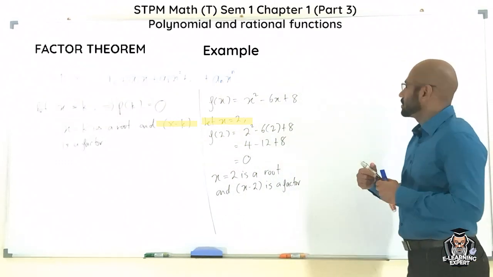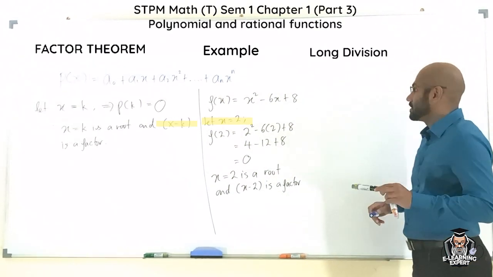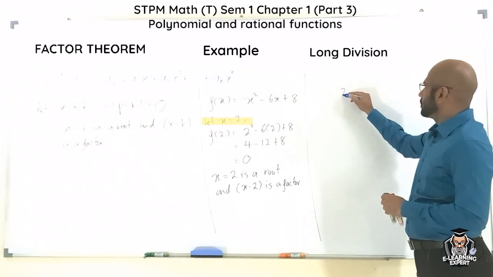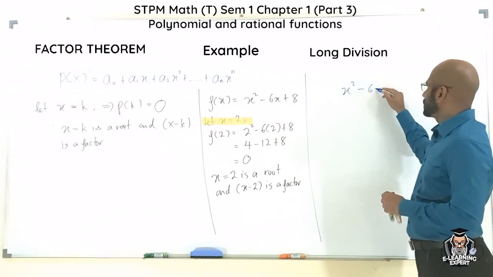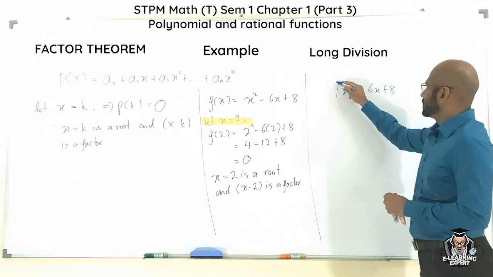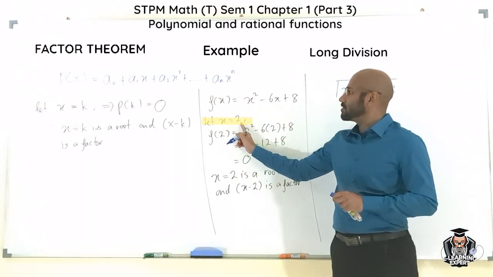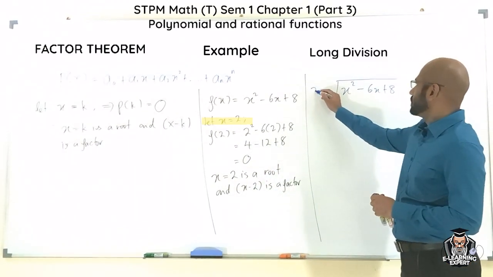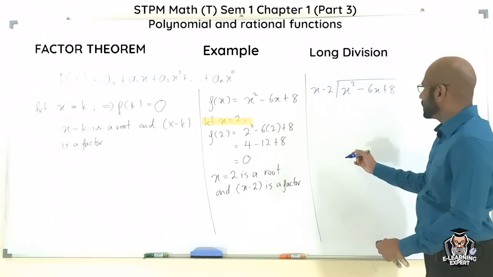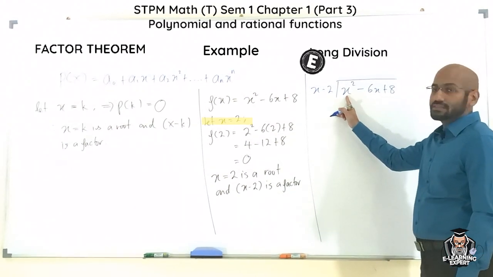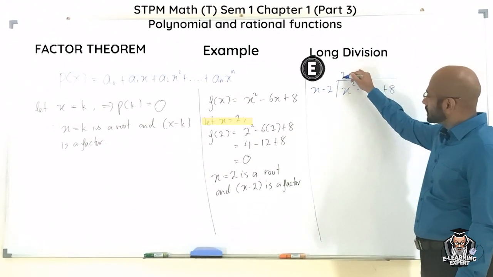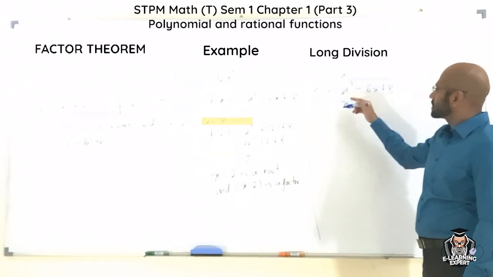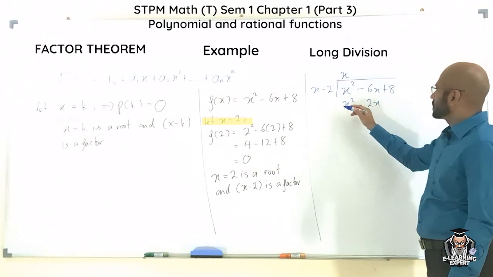So let's cross check this by long division as what we did to the previous example. I'm going to take this polynomial, x squared minus 6x plus 8, and I'm going to divide by, remember I've got to bring it over, I've got to divide by the factor, not the root. So we divide by x minus 2 over here. First step, always eliminate the first term, which is x squared. So I need to put an x here. X multiplied by x is x squared. X times minus 2 is minus 2x.